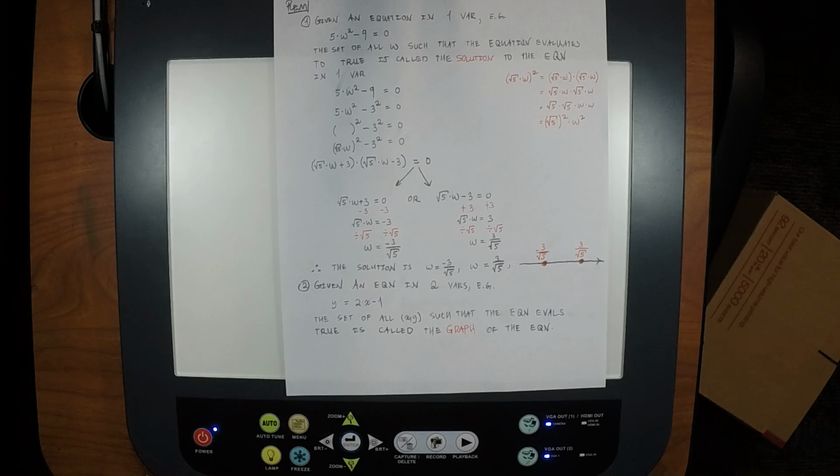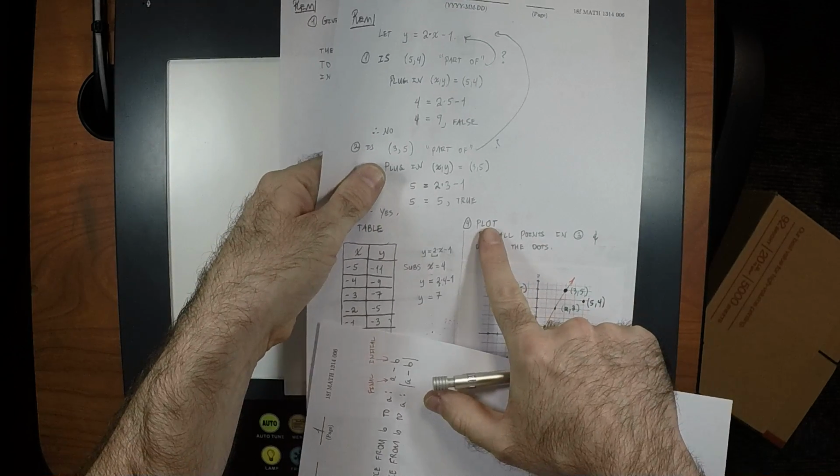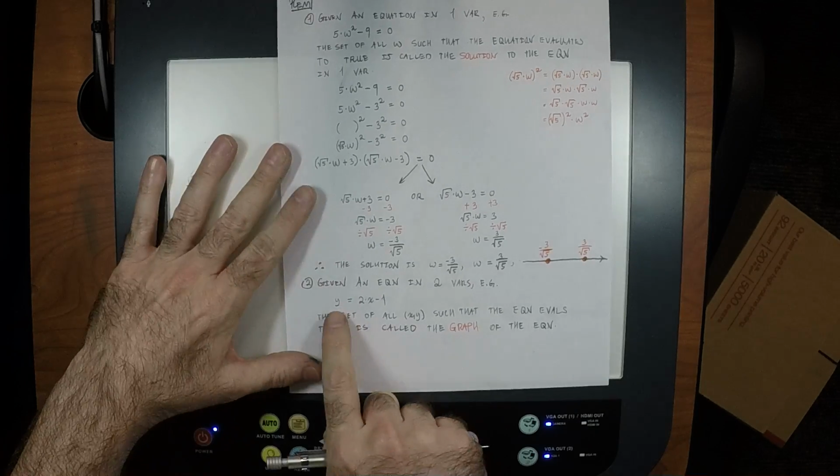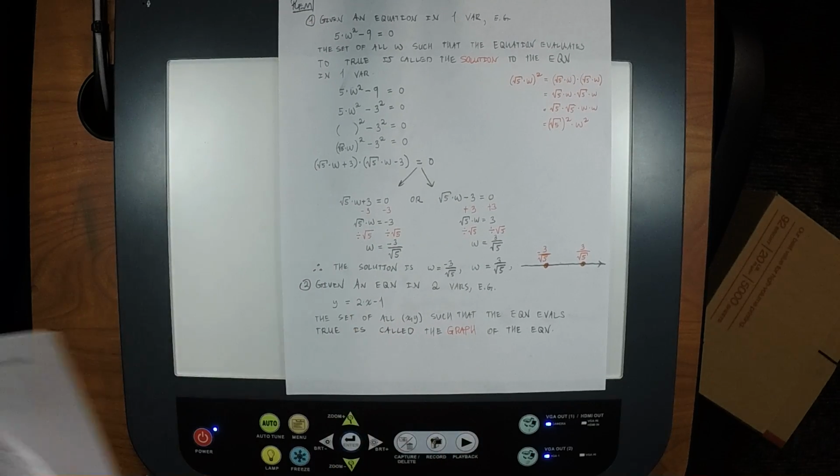Now, it's very useful to look at a picture of a graph. Now, what's the name for a picture of a graph? A plot. Okay? So that's what we did on the previous page.